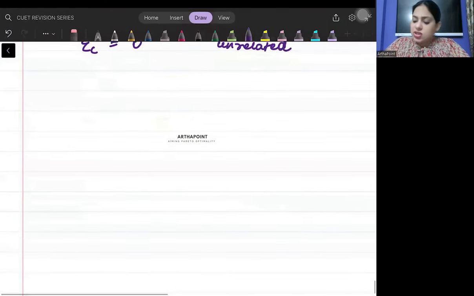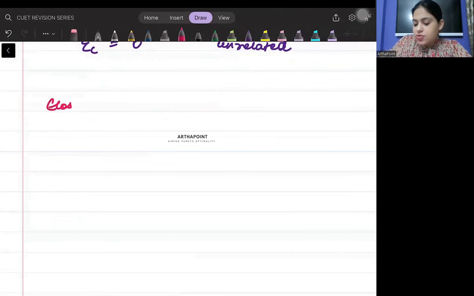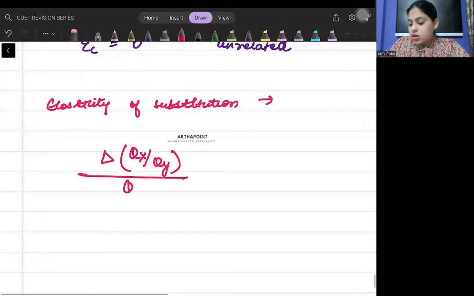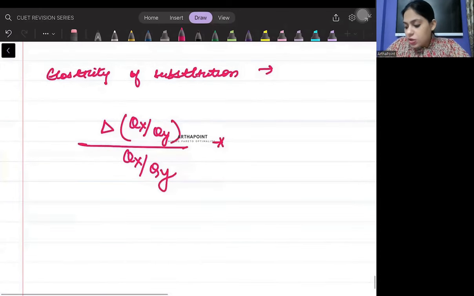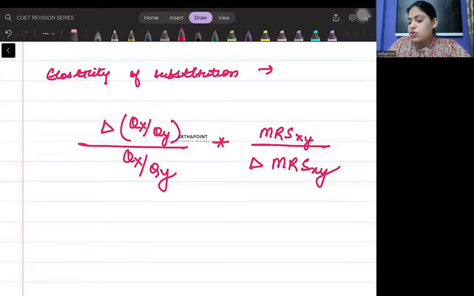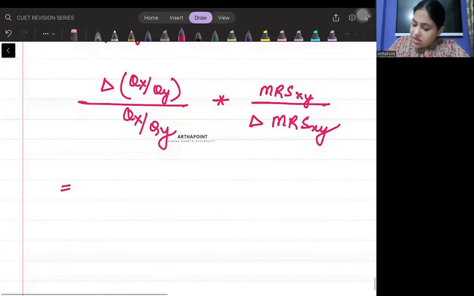इसी में एक और चीज आ जाती है which is called as elasticity of substitution. The elasticity of substitution is change in the quantity of good X upon quantity of good Y upon initial quantity of good X by initial quantity of good Y into MRS between quantity of good X and Y upon percentage change in MRS of quantity of good X. एक आसान तरीका है इसको समझने का.